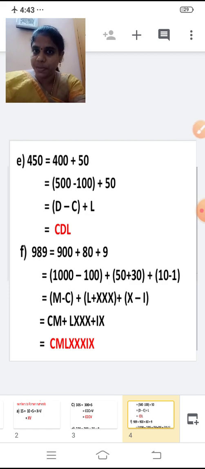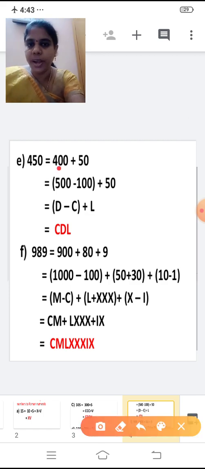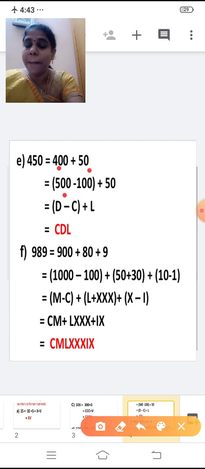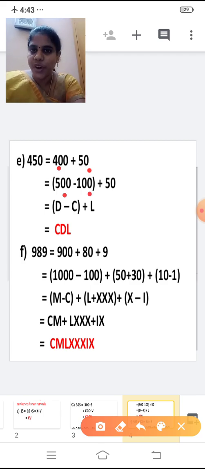450. Write in the expanded form. 400 plus 50. Now split. How will you write 400? 400 is 500 minus 100. That 50, right? Plus 50. Now what is the Roman numeral for 500? You know the Roman numeral for 500, right?